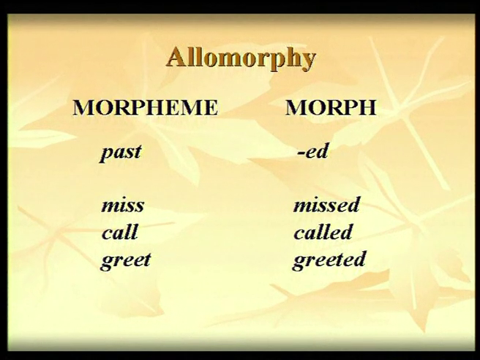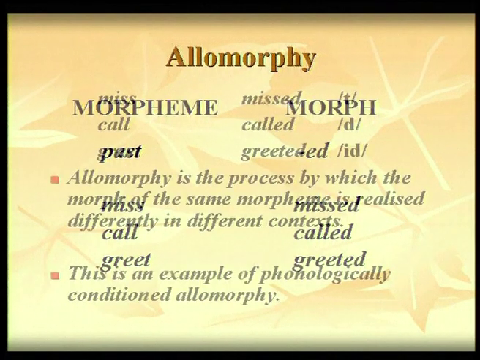Look at the examples of a morpheme and a morph. That is, the morpheme past has a morph ed. In words like miss, call, greet, we attach ed and construct the past tense forms as missed, called, greeted.